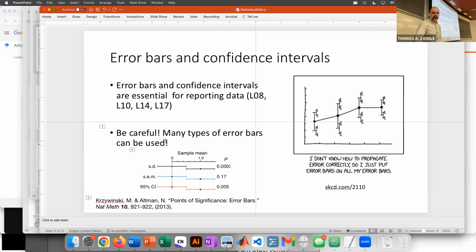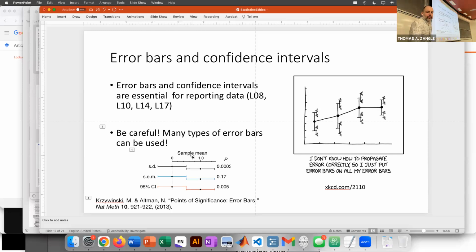This comes from this application note paper down here. So these are error bars for standard deviation, standard error of the mean, and 95% confidence interval. These are probably the most common types of error bars that you'll see on real data, or that you might use yourself on real data.